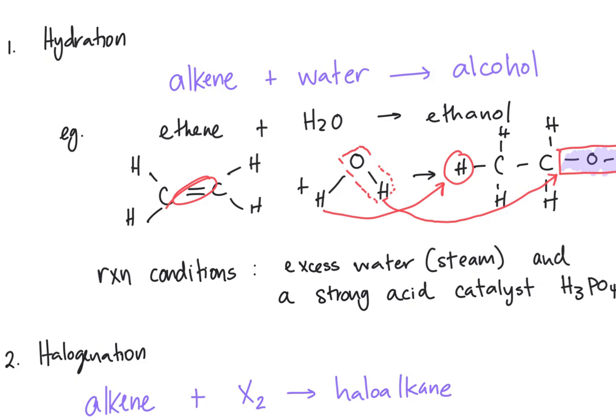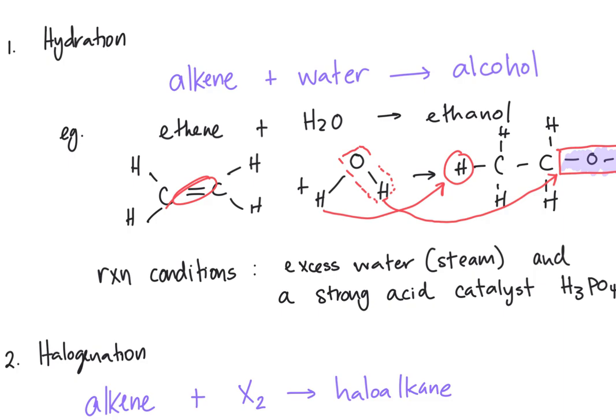Now, what you want to make sure you do is that the reaction conditions must also be mentioned in your equation. Because it's a catalyst and there's excess water, we must mention the catalyst.